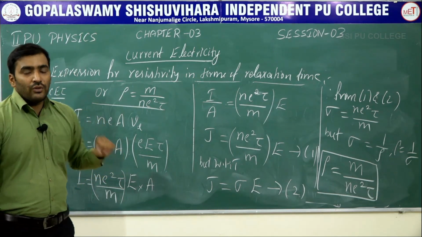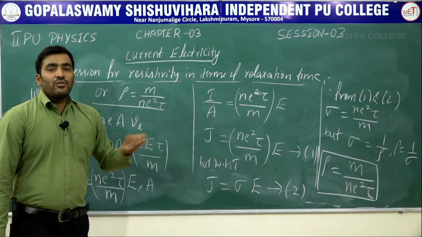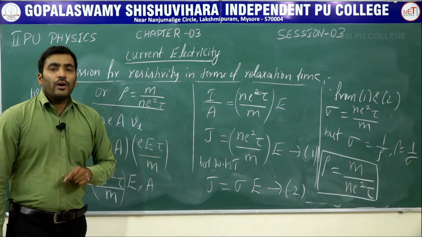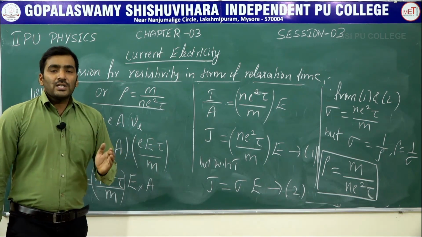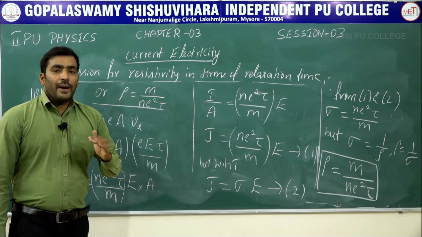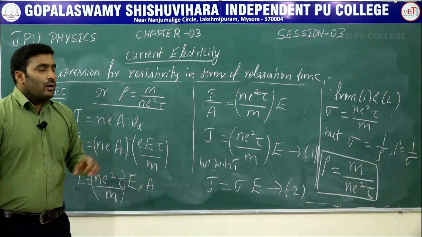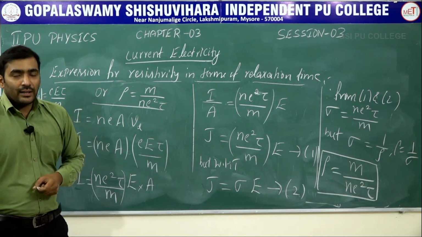And after that, the expression for drift velocity, which is also a very important one: Vd is equal to minus e into E tau divided by m. That equation says the drift velocity is always against the electric field.